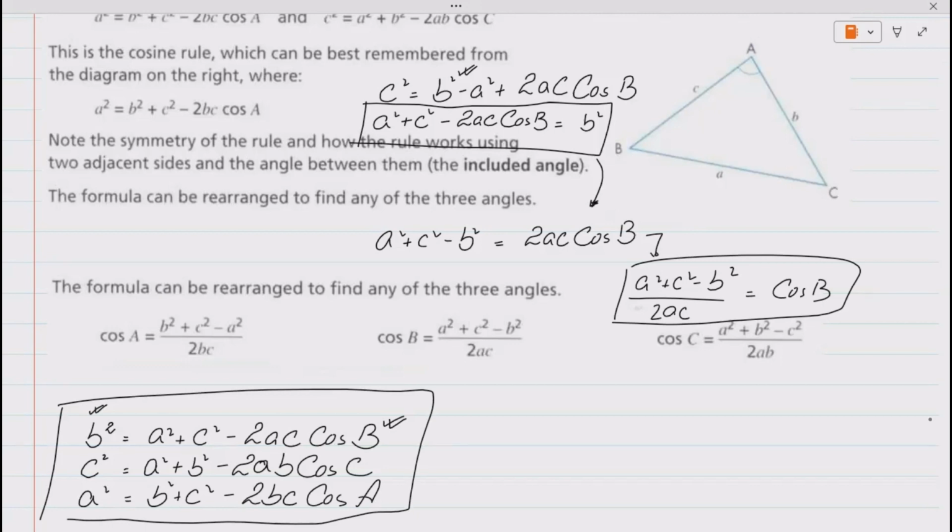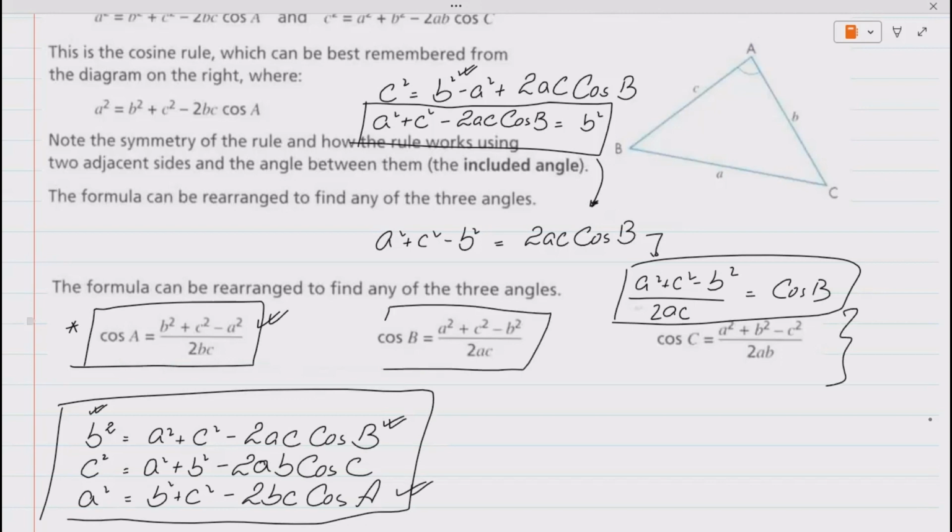And these same three formulas, we can also write like this. They are written here, that this cos A formula can also be written like this. So if we are asked in the question to find an angle, we can use these three formulas, one, two, three, for finding angles.